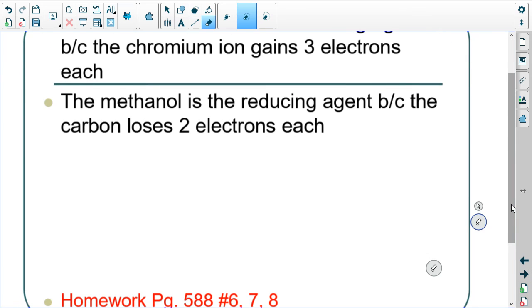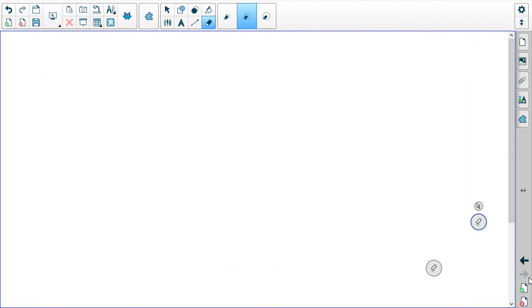So I'm going to talk about a couple other issues that we have when we do something like this, assigning oxidation states. I want to assign oxidation states to all the entities in NaHCO3.